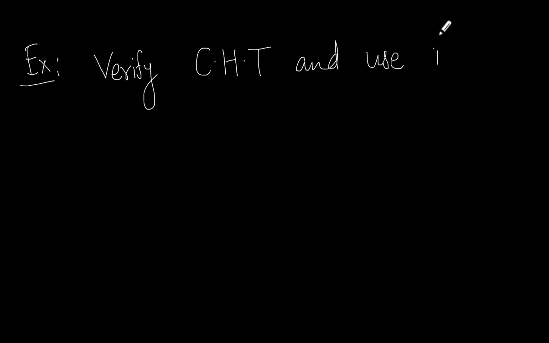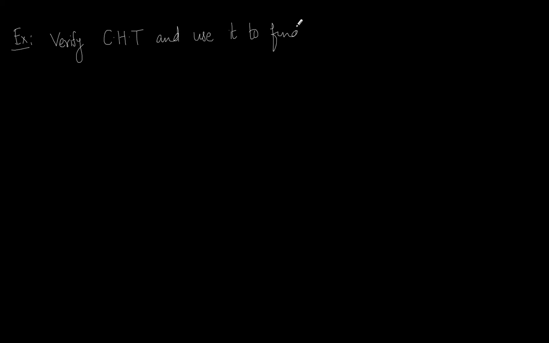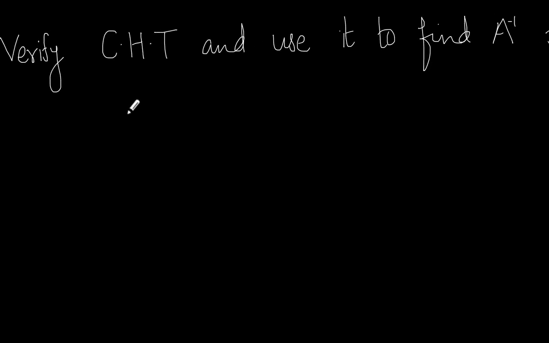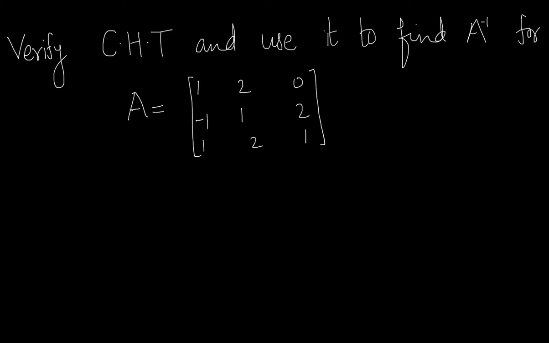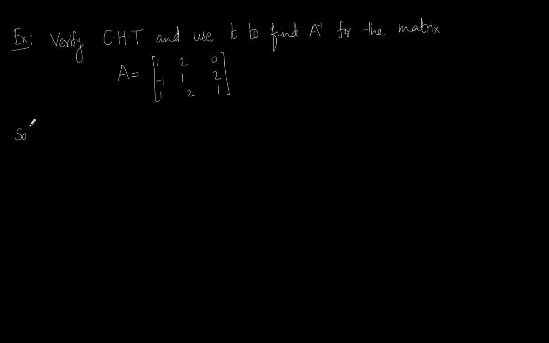For example, suppose here we have a 3 by 3 matrix A, which is given by this. Here we will also find the inverse of this matrix A. So we have to verify the Cayley-Hamilton theorem for this.